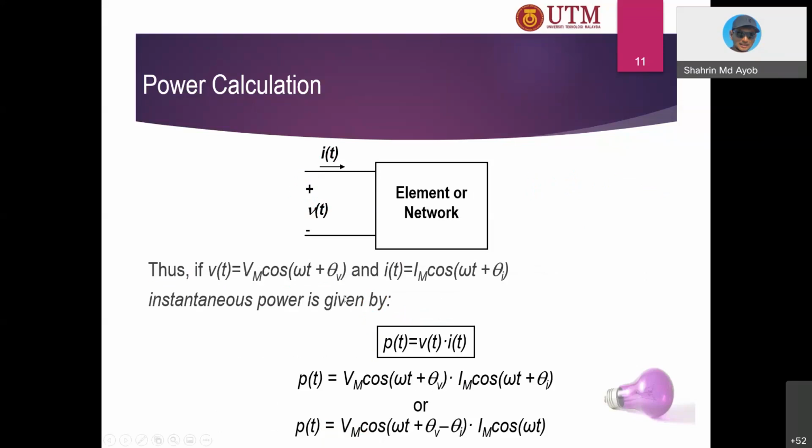And we know that if the voltage is sinusoidal in the cos function, and the current is also sinusoidal, then to get the instantaneous power, you need to multiply v(t) and i(t), like this equation.